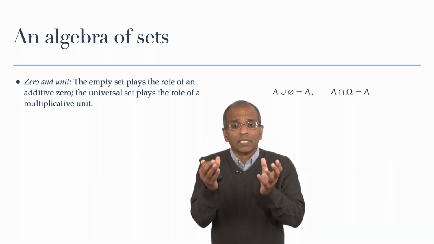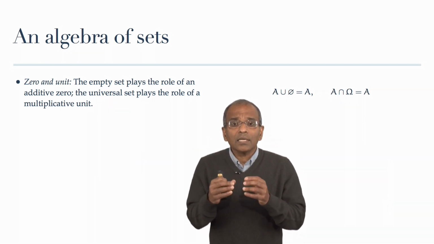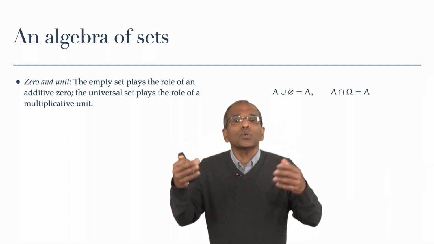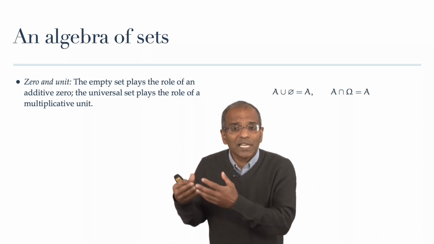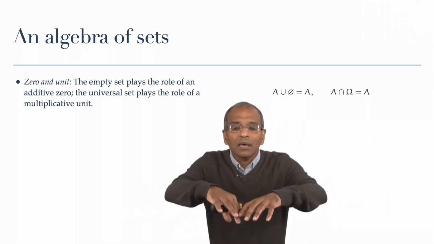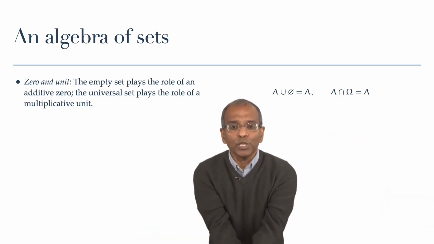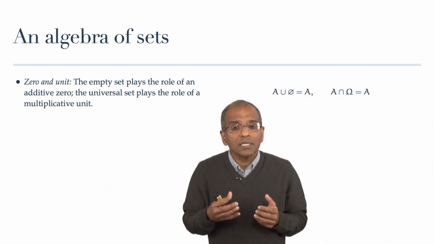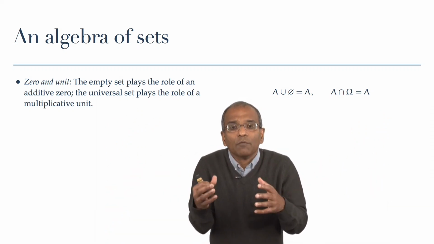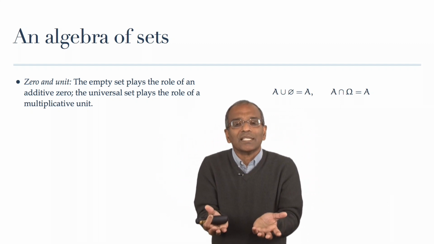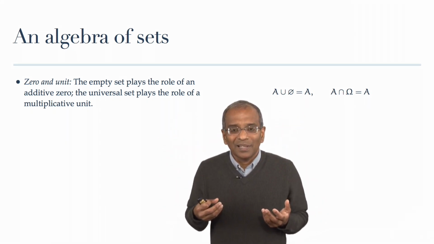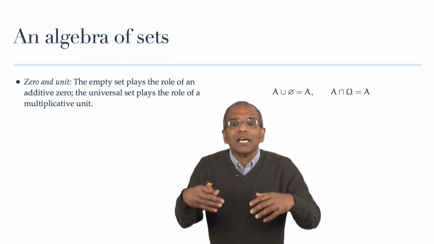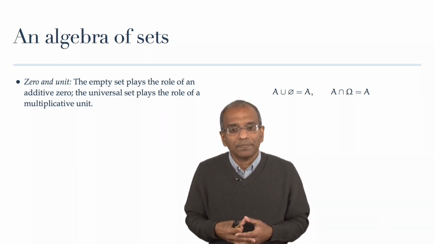If you have a subset A, and you take its union with the empty set, what do you get? Naturally enough, the empty set has got nothing in it. A union just expands by pulling in everything in both the sets, but the empty set has nothing, and therefore you retain the original set. The empty set plays the role of a zero. Taking the union with the empty set does not change the original set.